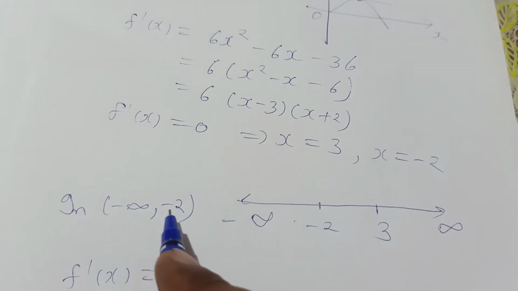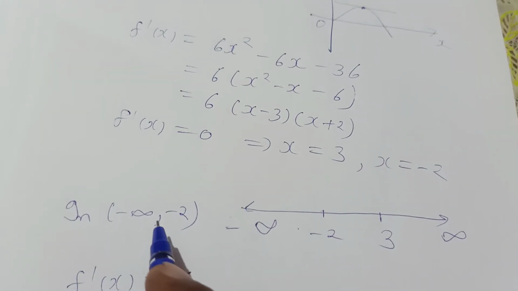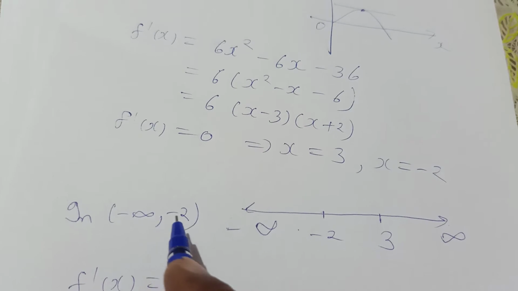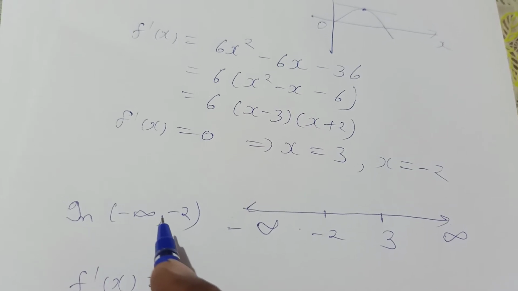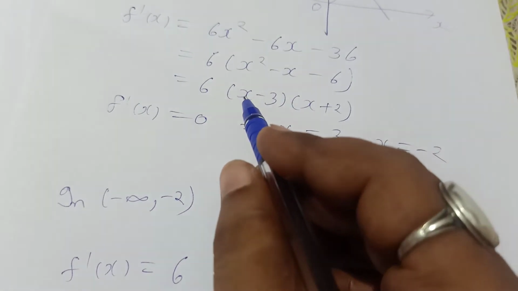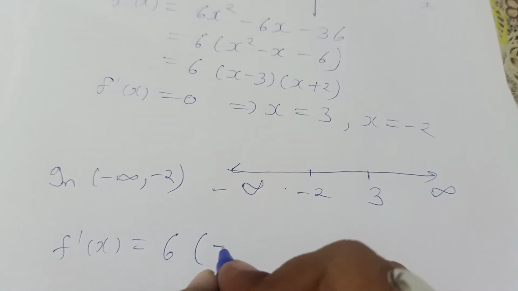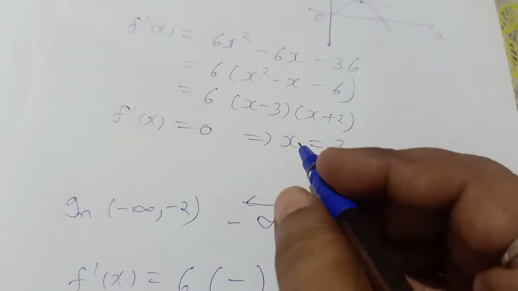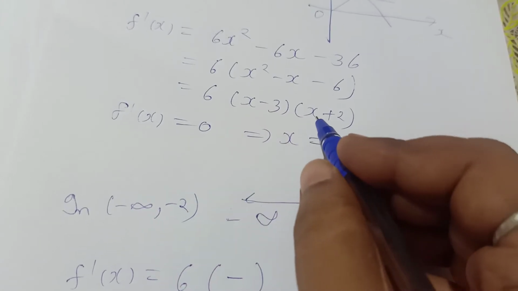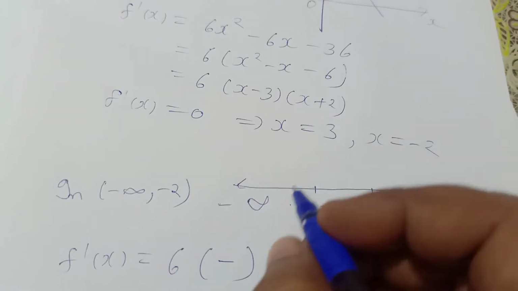Take any point in this interval. If we take minus 3, which lies in this interval, then minus 3 minus 3 is negative quantity. And then if we put minus 3 here, minus 3 plus 2, again a negative quantity.